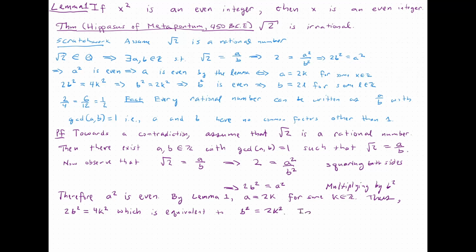So in particular, b squared is even, and by Lemma 1, so now I've capitalized Lemma again, b is equal to 2l for some integer l.